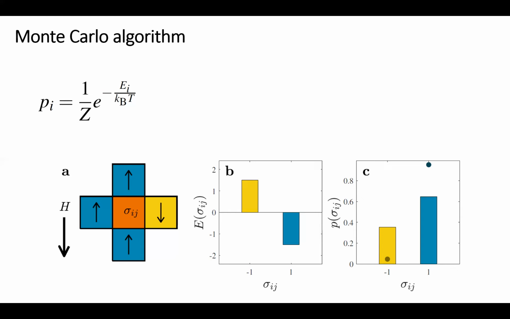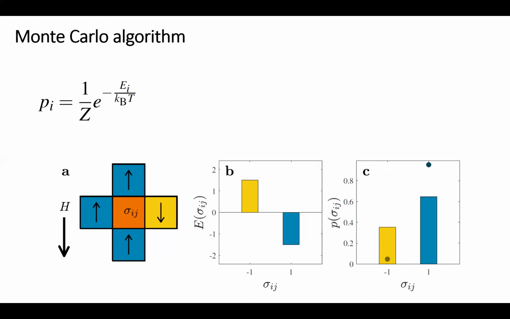What happens is that if this spin were to have a down spin, this would have -1.1 overall energy, otherwise +1.5. According to these energy states, I can then get the probability of this particular cell pointing upwards, P plus.